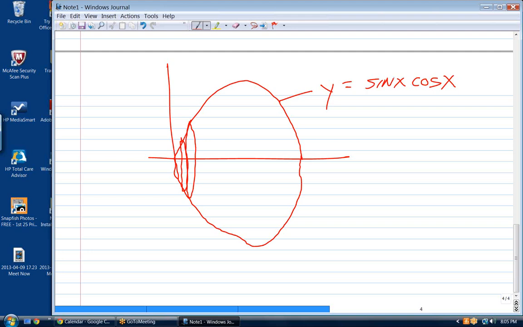I wouldn't know how to solve that for x. If it was just y equals sine x, I could solve for x by, it would be the inverse sine of y. But when it's sine x times cosine x, I don't know how to solve that for x. In other words, we can only do this problem if we can figure out how to integrate with respect to x, not y. And it works nicely because we're going to use disks.